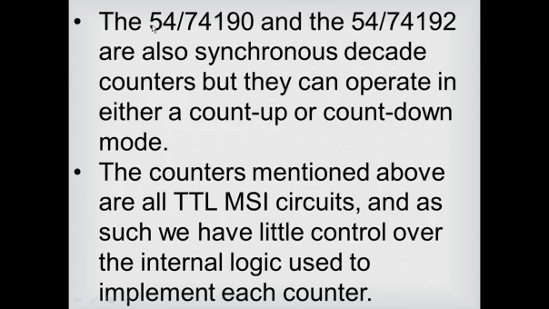While these ICs, the 54/74190 and 54/74192, are also synchronous decade counters, but they can operate either in a count up mode or in a count down mode. So these two ICs, 190 and 192, are synchronous decade counters, but they can operate in a count up as well as count down mode.